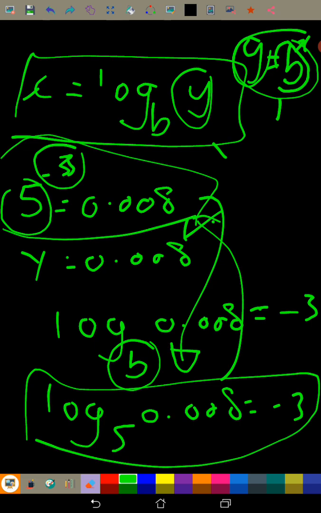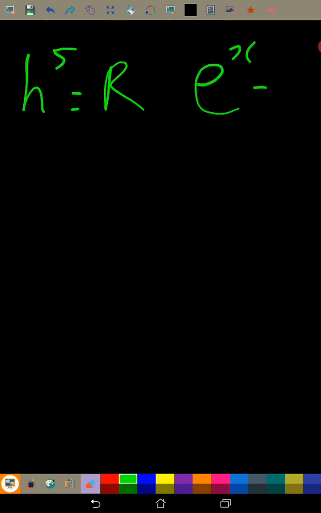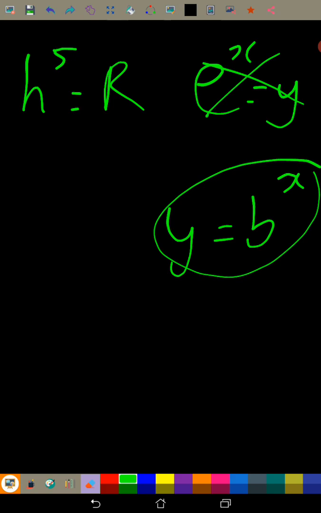All right, so let's have another example. We have h to the power of 5 is equal to r. So we need to rewrite this. We know that y is equal to b to the power of x. Yeah, that's what I need to write here.